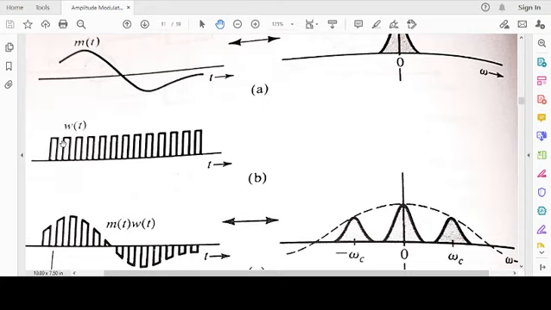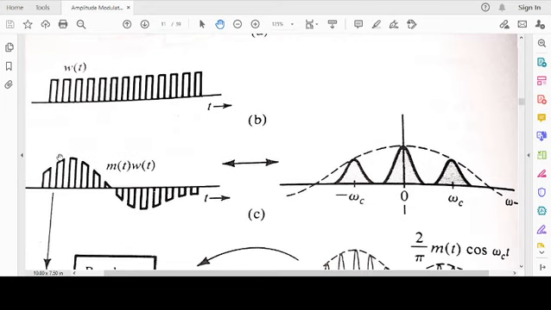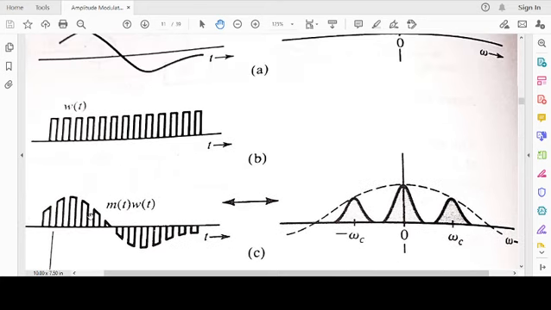So we have the carrier signal like this, sinusoid or whatever it is. When you multiply m(t) by w(t), you get a signal which is like this. You see the envelope is preserved, except that it's held at a few points, other points it's grounded.